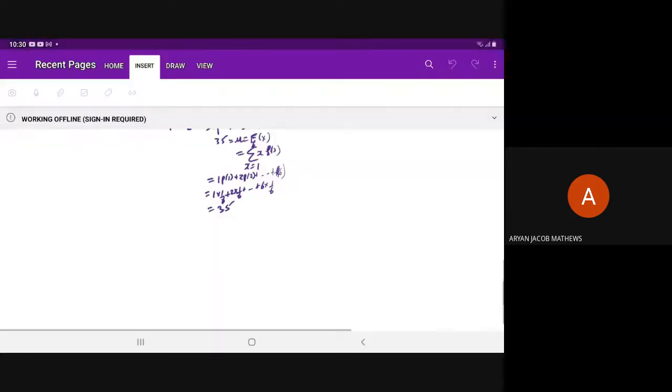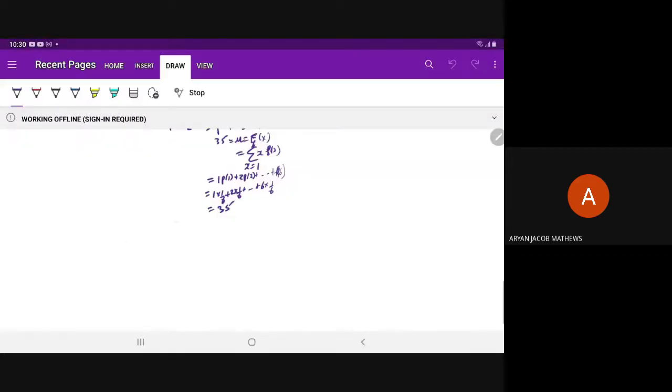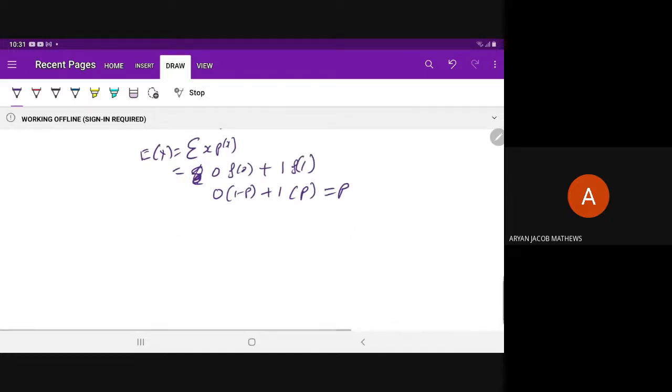E(X) is, in case of a discrete random variable, the summation of the value times the associated probability. So here the values are 0 times f(0) plus 1 times f(1). So it becomes 0 times (1 minus p) plus 1 times p, which gives you the expected value p.